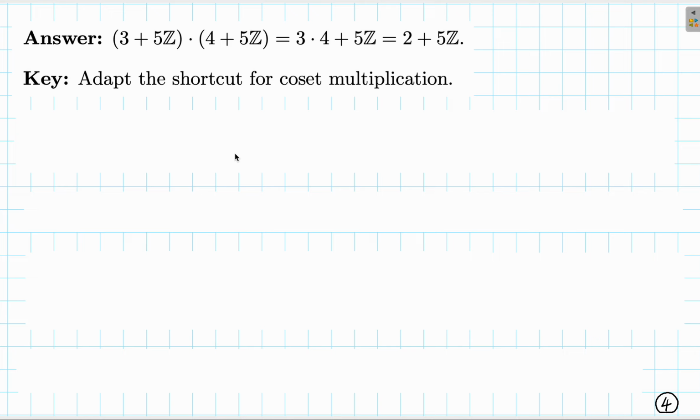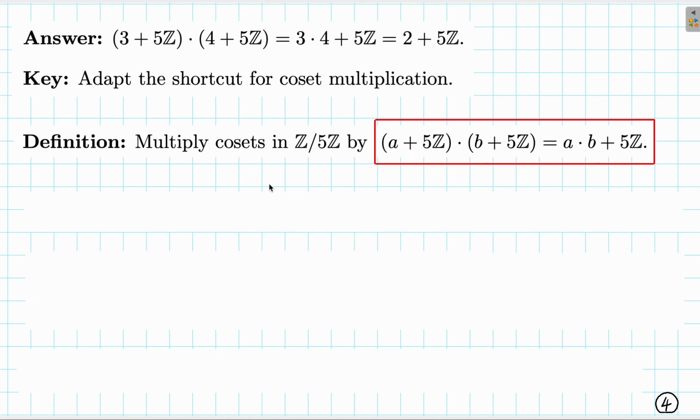And here's the answer. We adapt the shortcut for coset addition and apply it to coset multiplication. So to find 3 plus 5Z times 4 plus 5Z, we can simply multiply the coset representatives and obtain 12 plus 5Z, which reduces to 2 plus 5Z. So 3 plus 5Z times 4 plus 5Z is 2 plus 5Z.